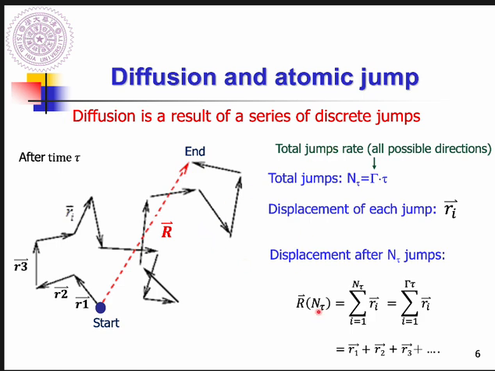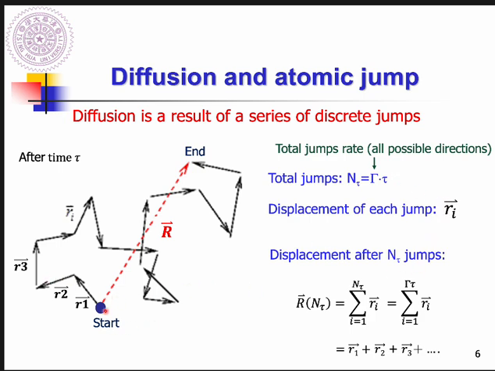So based on here, you have some ideas. If you want to link the diffusivity with the atomic jumping process, you need to know the jump rate and the diffusion time, for sure.